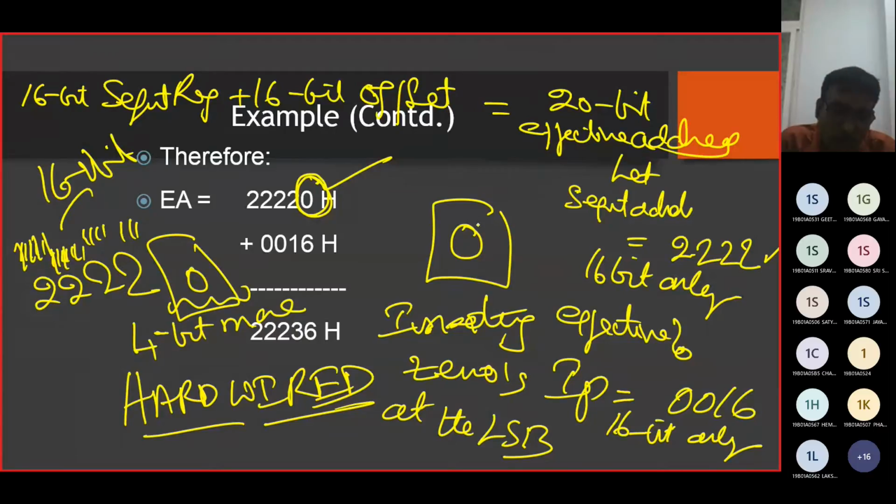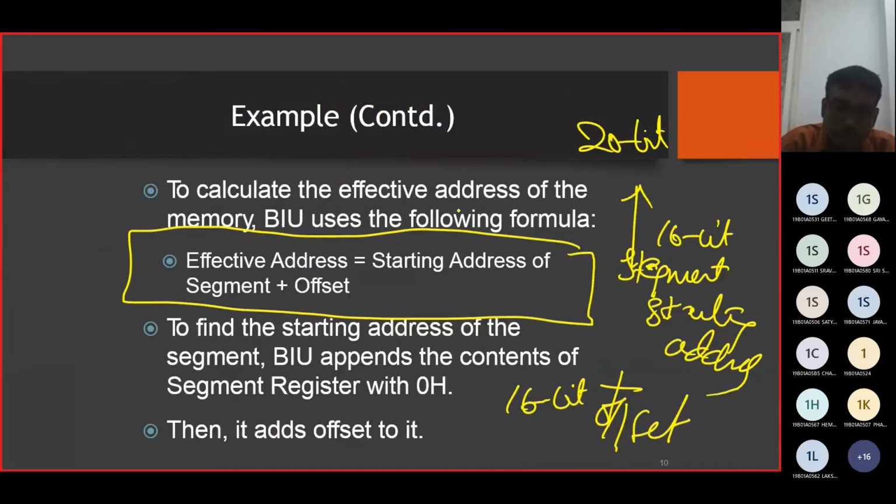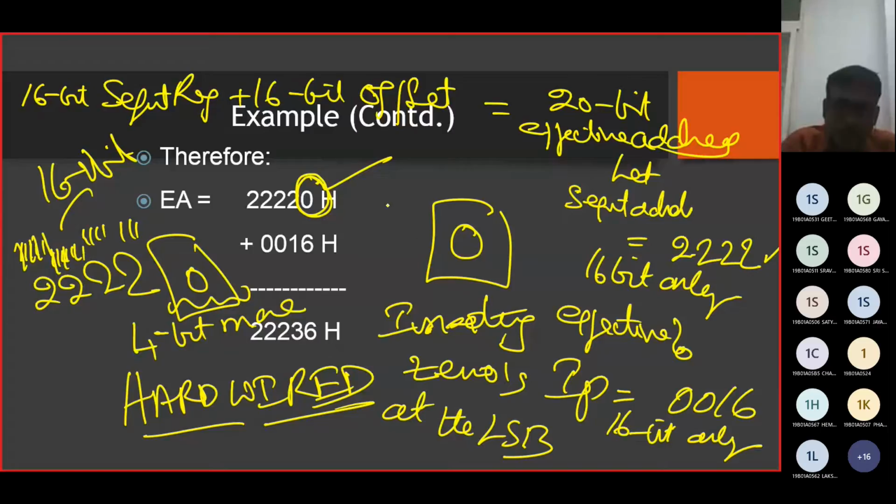That is how we calculate the effective address: we take the shifted segment address and then do the addition.